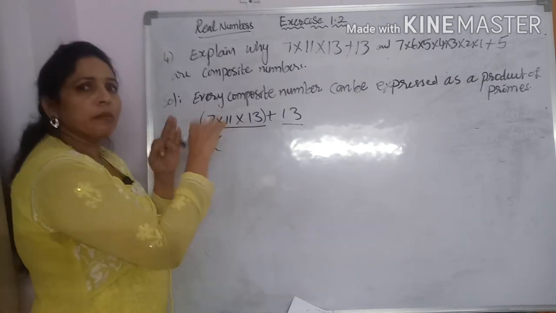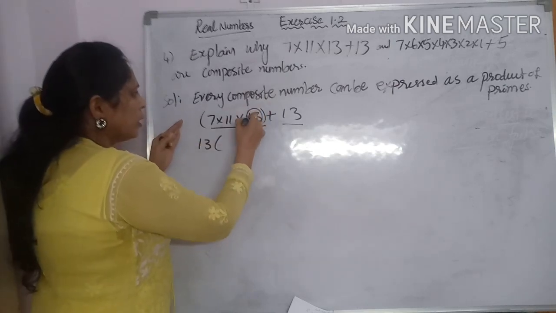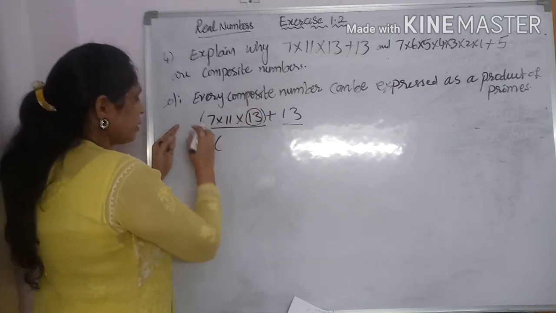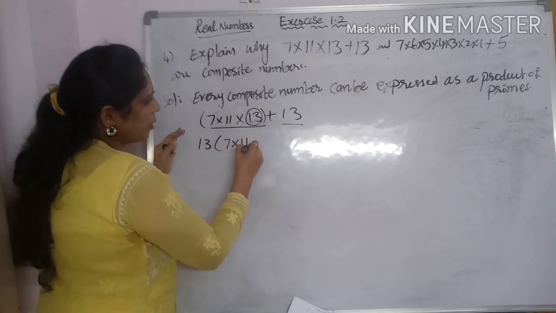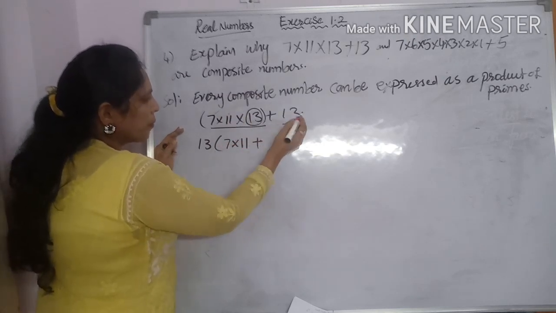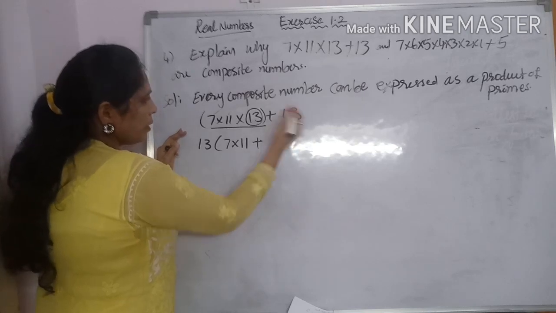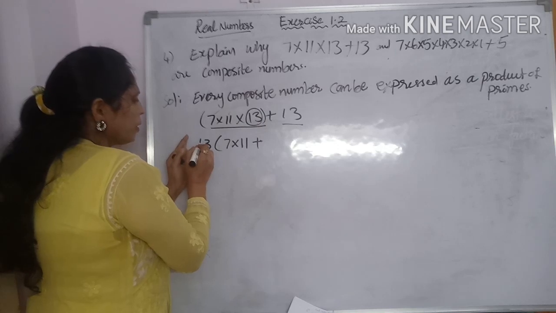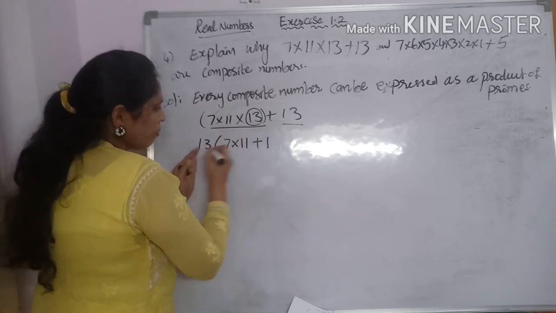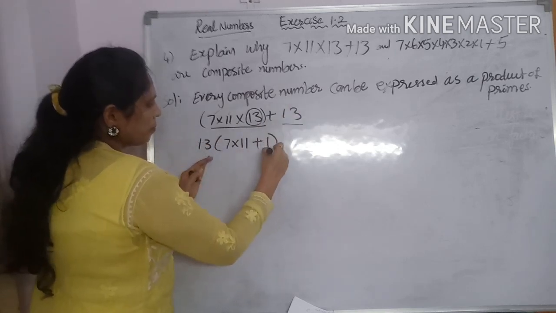So what are the remaining terms? What is the leftover? 7 into 11 plus, what is the leftover in the second term? 13 ones are 13, so 1.